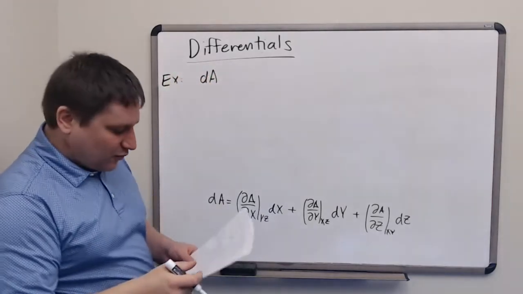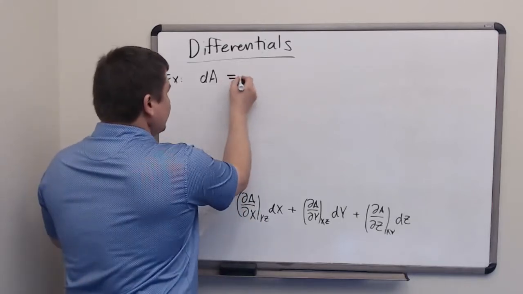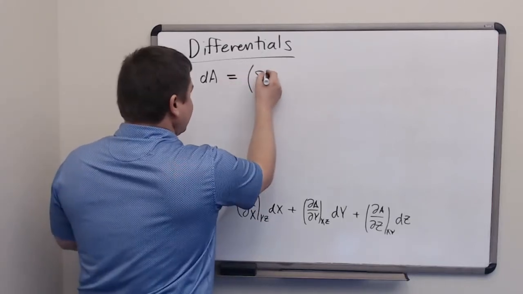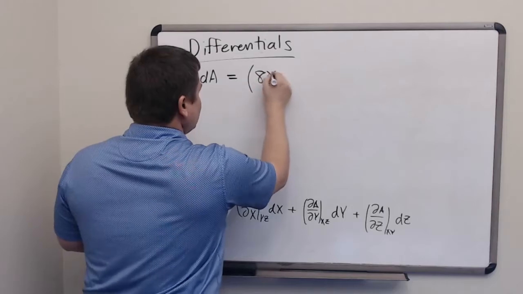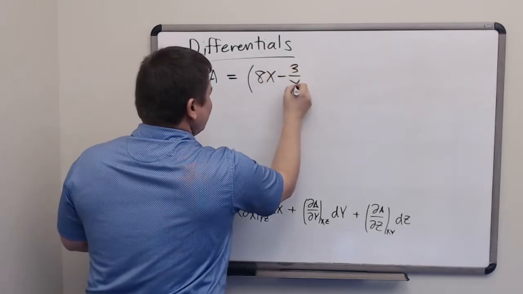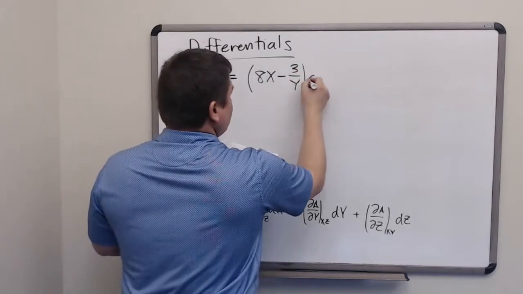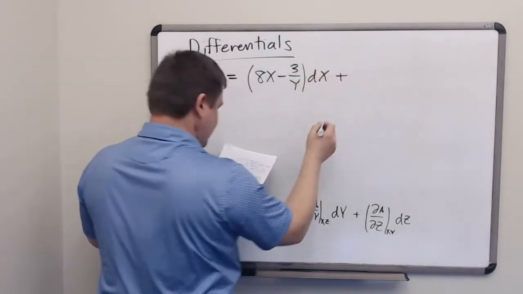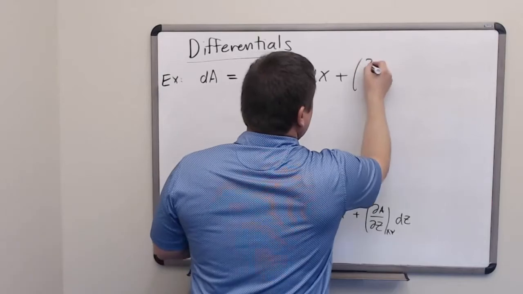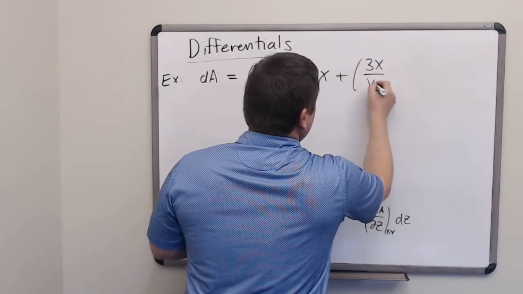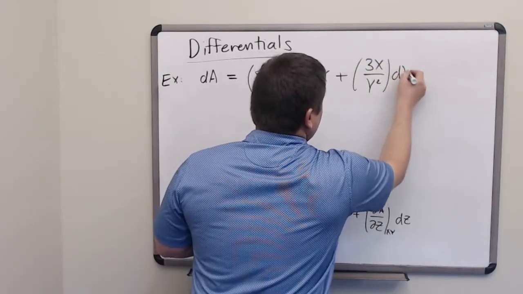Let's do an example where the dA is set up as 8x minus 3 over y times dx plus the quantity 3x over y squared times dy.